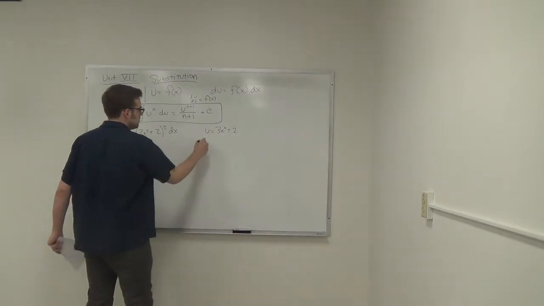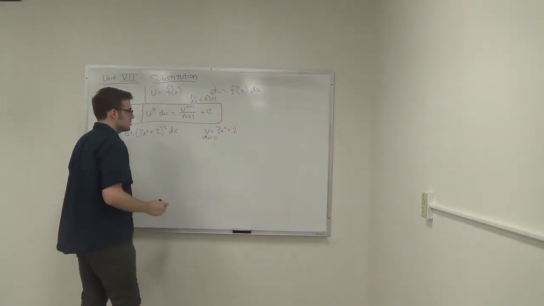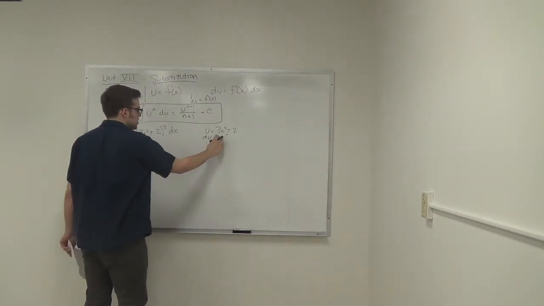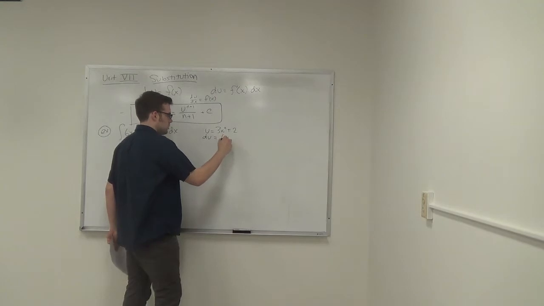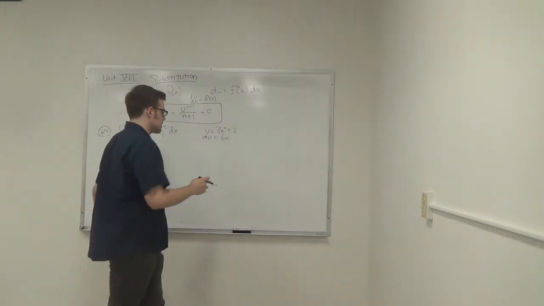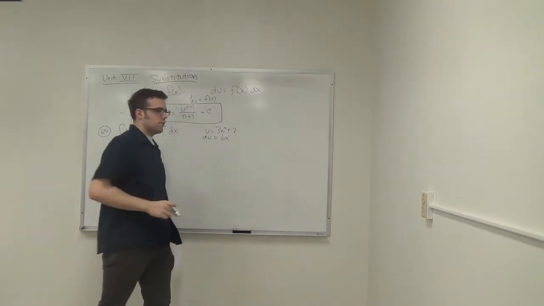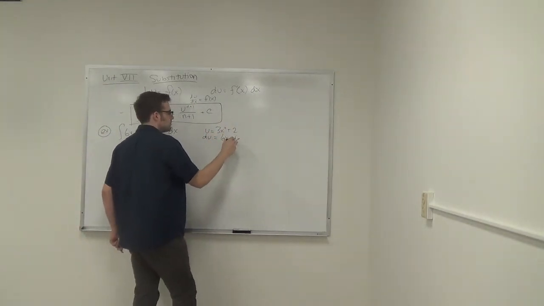And du is the derivative times the differential dx. So the derivative of u is 6x, because the derivative of 3x squared is 6x, and the derivative of 2 is 0. Now we just need to add dx.